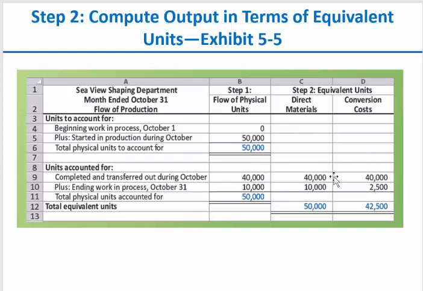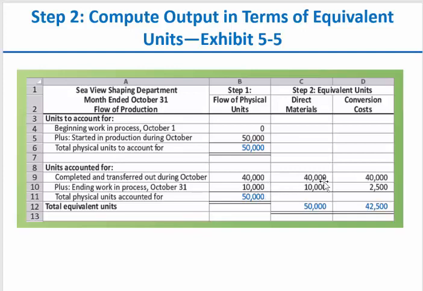This tells me these 40,000 units that are completed and transferred out carry 100% of direct materials cost needed and also 100% of conversion cost needed. So pretty clear.